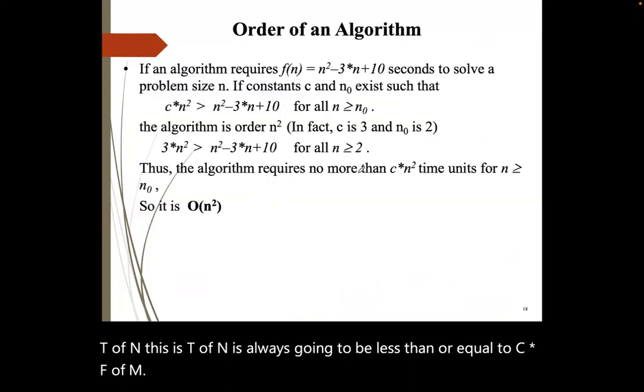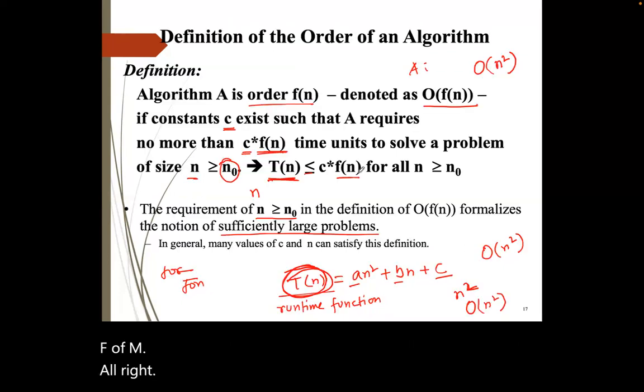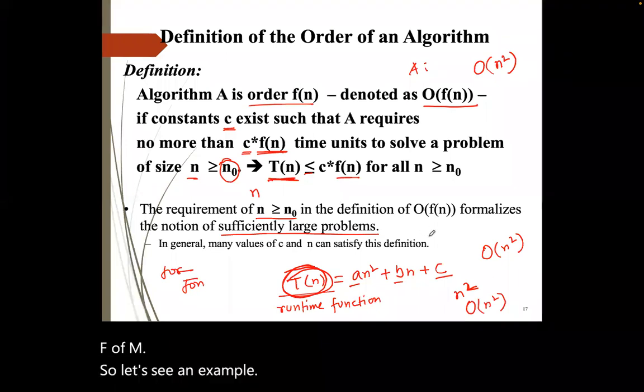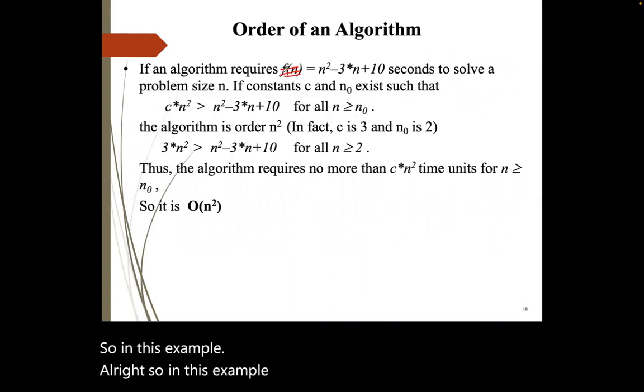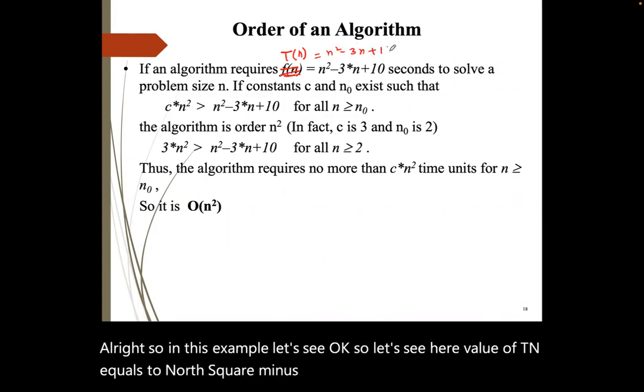So let's see an example. Here the value of T of n equals n square minus 3n plus 10.